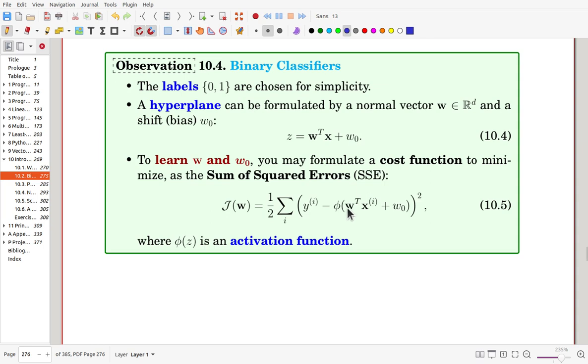For this input, Z is called the net input. In many cases, we use a certain activation function, so that after activation, the value is compared with a given label, and we try to minimize this objective function.